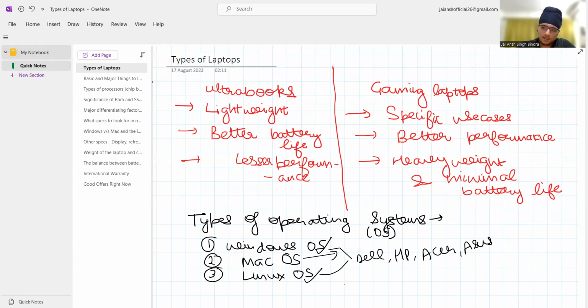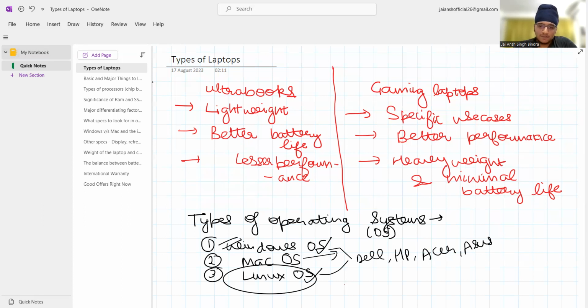Linux is not a very popular OS. Many people with specific use cases do go for Linux as well, but the most famous one out of all these is, no-brainer, the Windows OS.